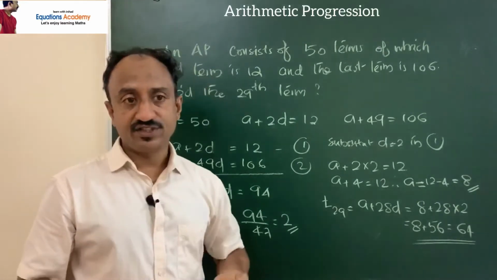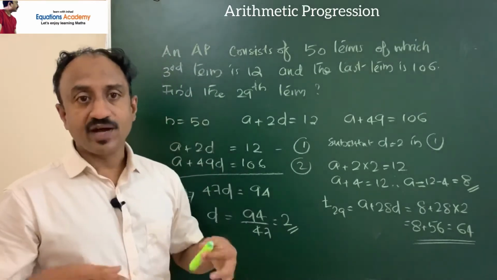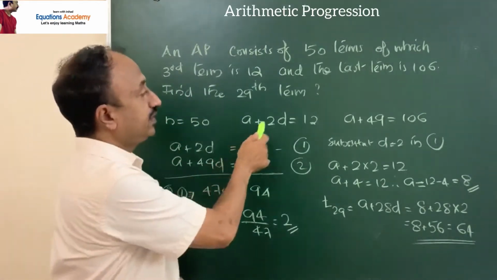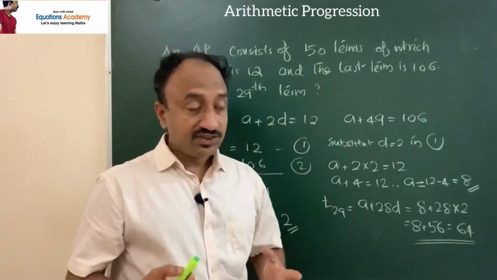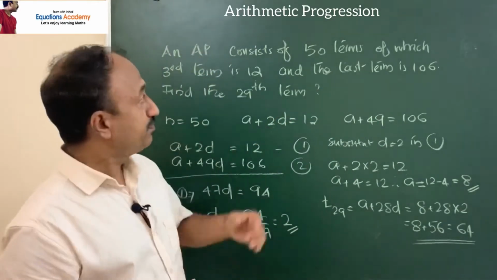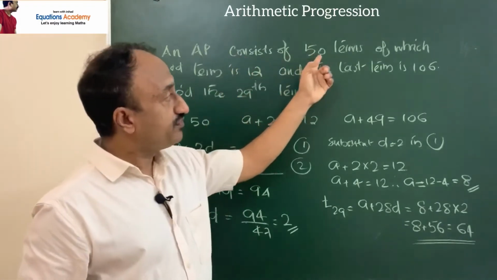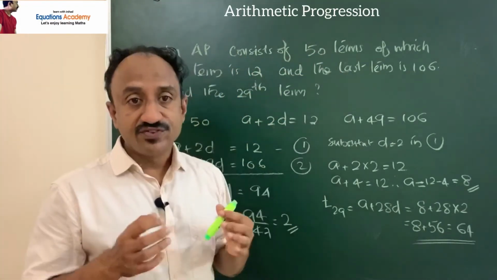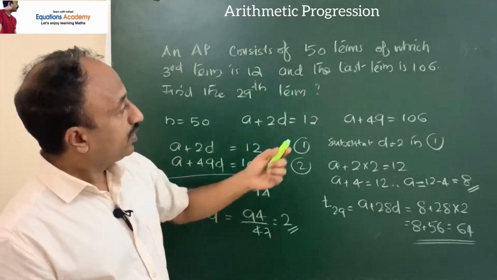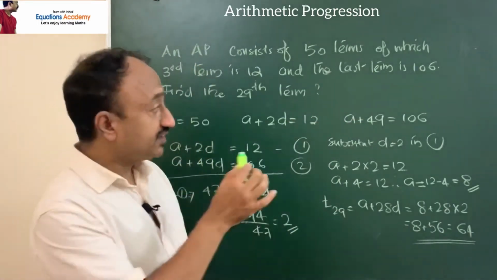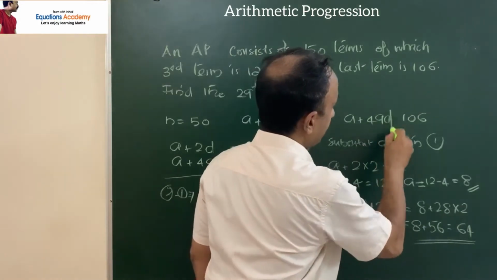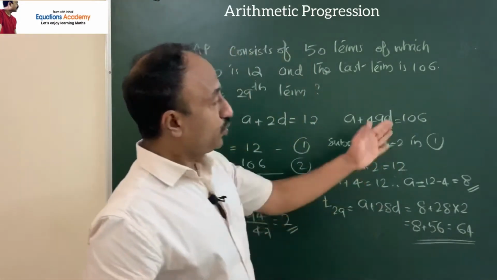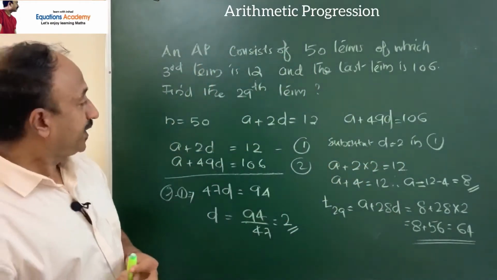We know a plus (n minus 1) into d, so a plus 2d equal to 12. And the last term is the 50th term, because an AP consists of 50 terms. So 50th term is 106. 50th term means a plus 49d. a plus 49d equal to 106.